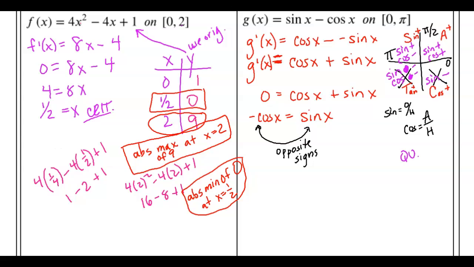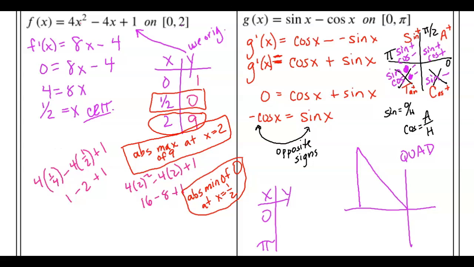Okay, so now we need to figure out what the actual angle is. So on our table, we know we have 0 and we have pi, but we need to find the angle where this is true. So we already know it's going to be in quadrant 2. So I'm going to draw in a little reference triangle.